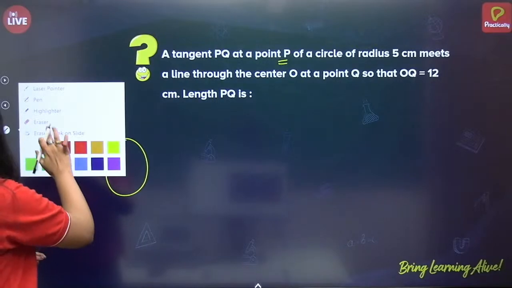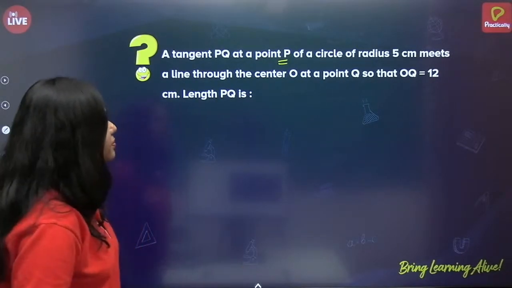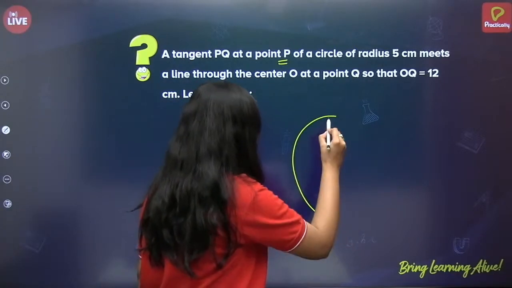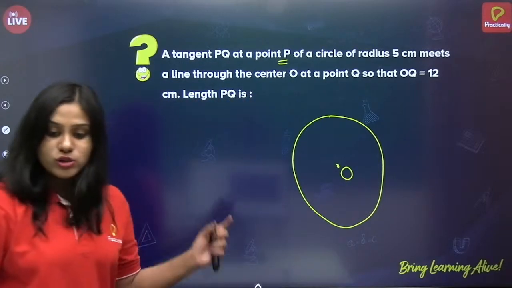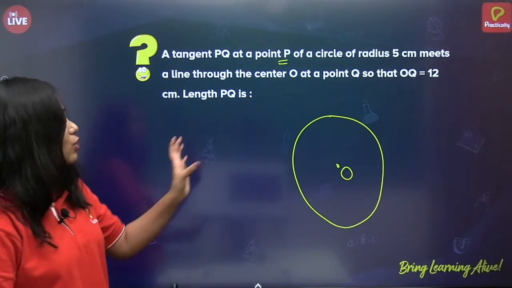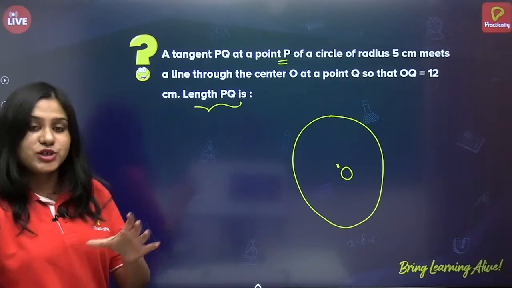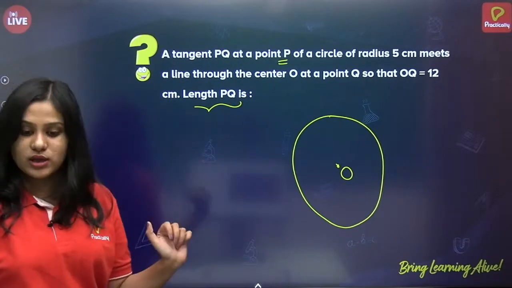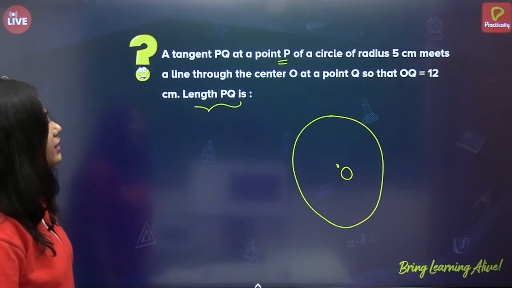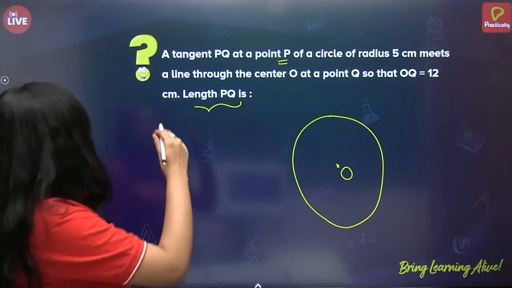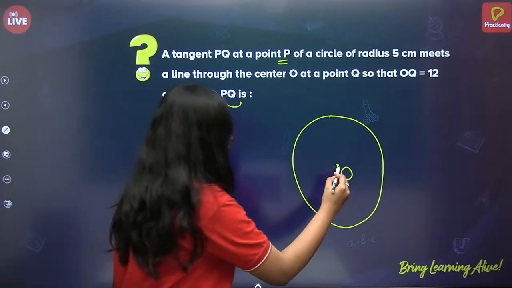Alright, I'm erasing this. Alright, so let us do this. Tangent PQ, first let us draw a circle with center O. Okay, you can also try it, because you have to just give me the length of PQ. No need to do any construction, right? Just tell me the length of PQ in the comments, okay? Right, circle O and Q, a line through the center O at a point Q so that OQ is 12 centimeters.